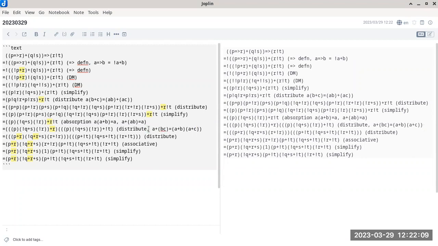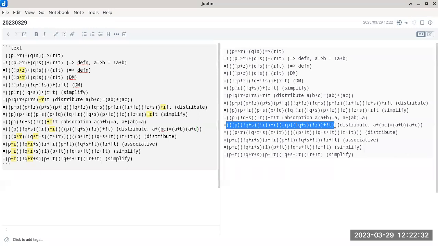That's the distribution that I applied going from this expression to this expression here. Are we doing okay so far with this? Yes or no? Okay, I'm not seeing any questions.